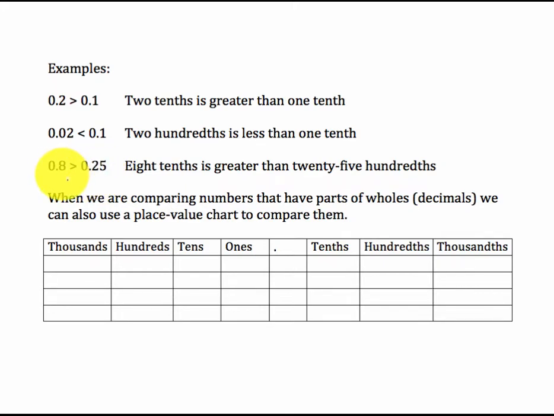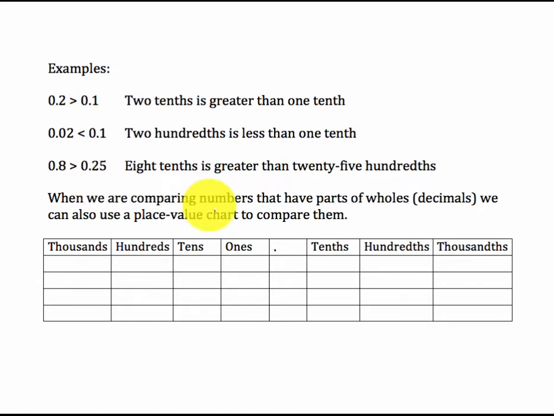So look at the tenths column. I have an 8 here, 8/10ths. In this tenths column, I have a 2, and 8 is larger than 2, so we don't even need to look at the 5 here. Because 8/10ths are larger than 2/10ths, then this decimal, 8/10ths, is going to be larger than or greater than 25/100ths, because the 8 is greater than 2.